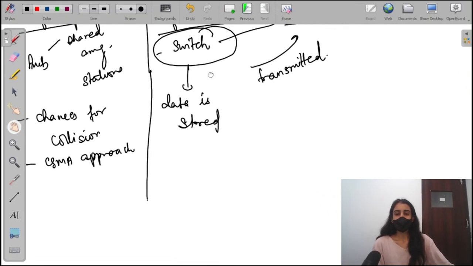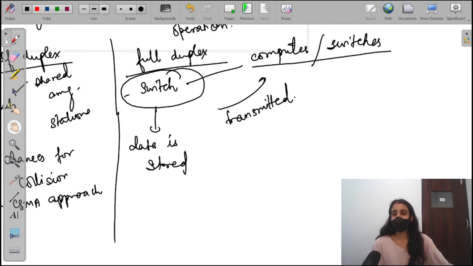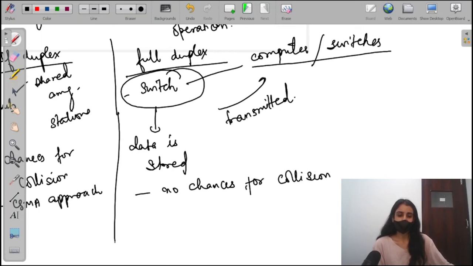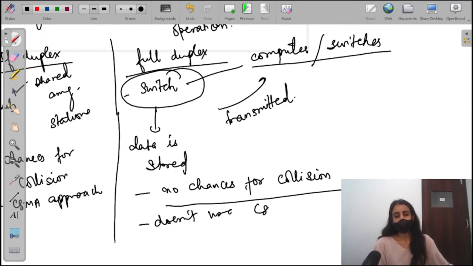There is a personal switch, so there are no chances for collision. Hence, it doesn't use the CSMA approach.